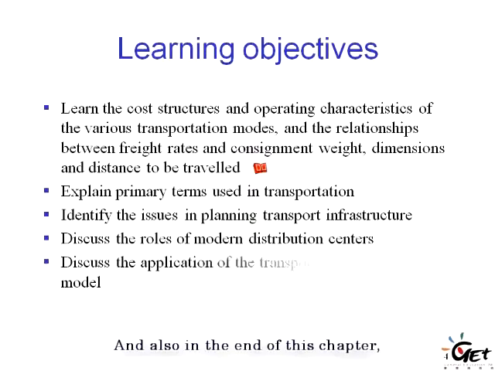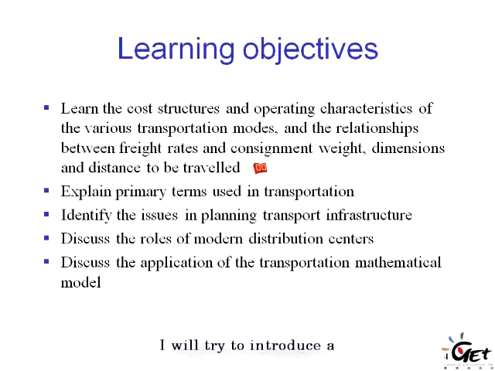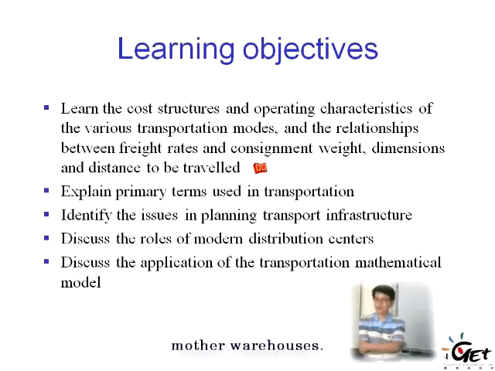And also, at the end of this chapter, I will try to introduce a transportation mathematical model, which is a model that can solve transportation problems. For example, we try to arrange the transportation volumes from some origins, say, factories, to destinations like distribution centers or some other warehouses.